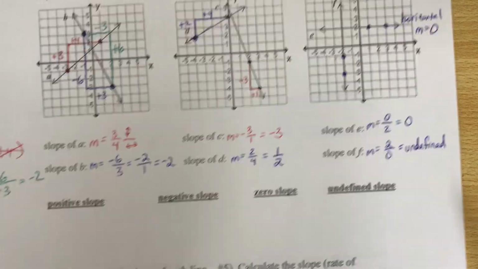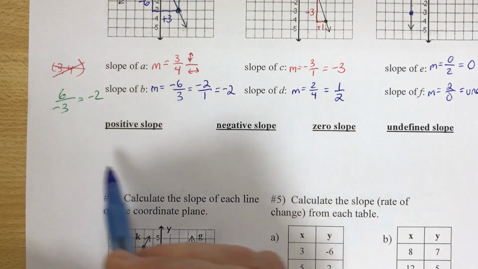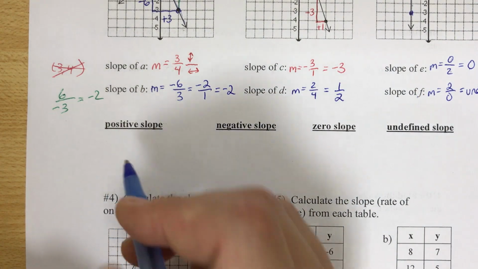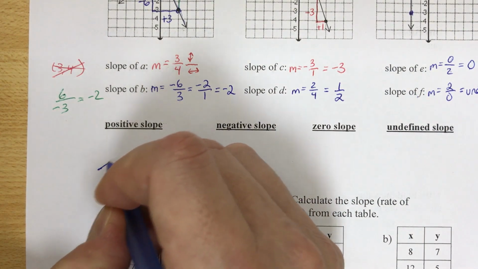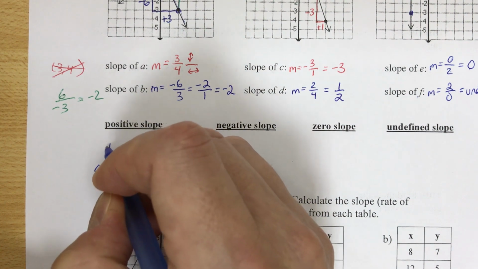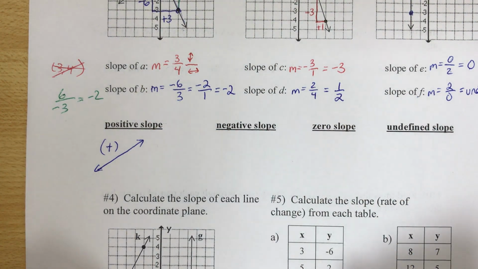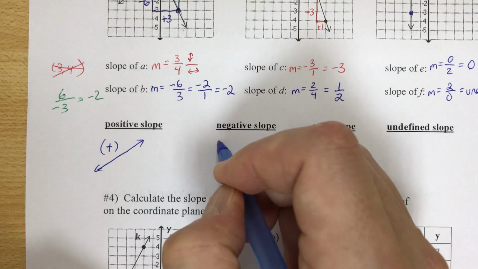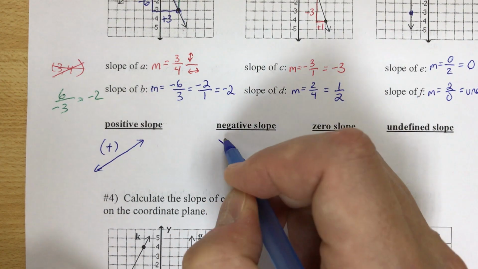Okay, so to summarize what we got here, a positive slope, we're always thinking left to right. A positive slope is going to look like this. That will always be a positive value. A negative slope from left to right is going in a downward direction.